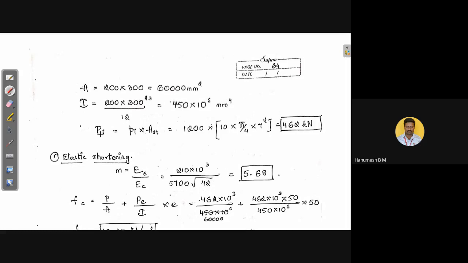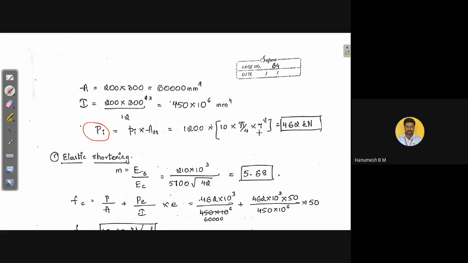Initial force in the cable, that is pre-stressing force, capital PI, indicates initial pre-stressing force in the cable. Now this PI will be equal to, to calculate the force, stress should be multiplied with the area of the steel. Since there are 10 wires of 7 mm dia, it should be multiplied by pi d square by 4 into number of wires.